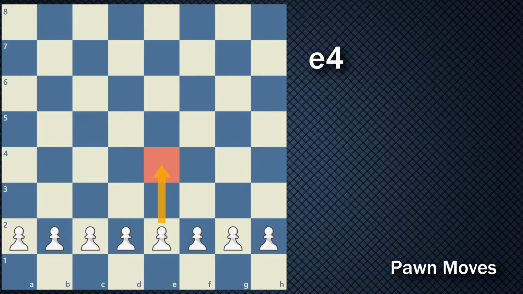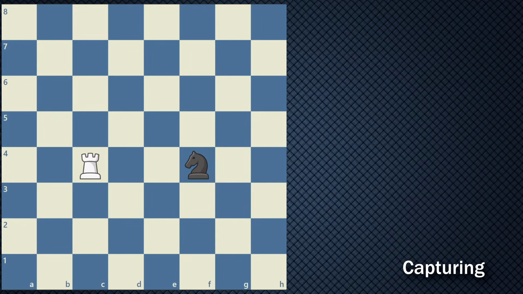Anytime you see an algebraic chess notation of just the name of the square, it is a pawn move. We know that only one pawn can move there. For example, this pawn is not going to be able to move to the diagonal squares right here to e4, but we know that only this pawn right here can move to either e3, if we just say e3, or if we say e4.